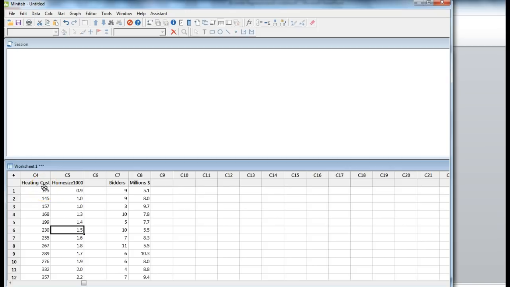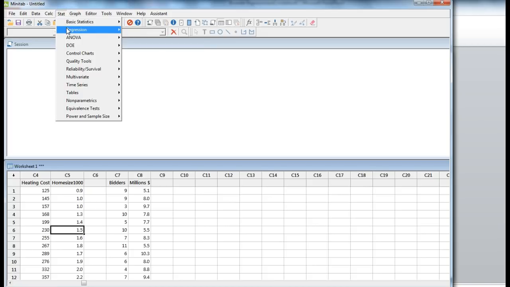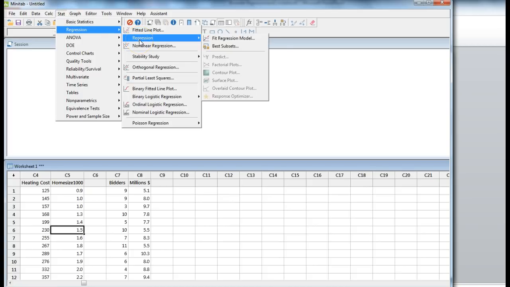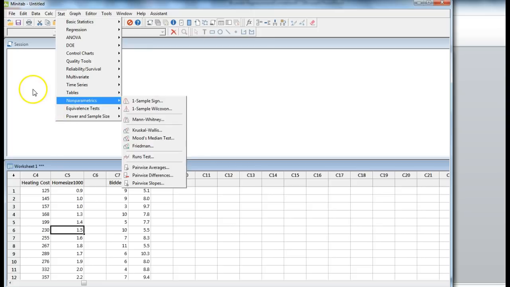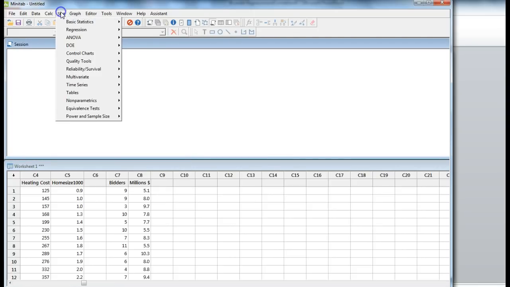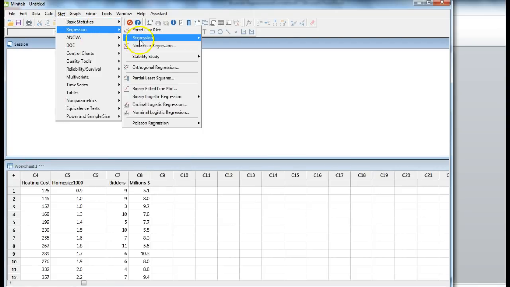So let's run a regression. To run a regression, we are going to go Stat, Regression, Regression, and then here to Fit Regression Model. One more time: Stat, Regression, Regression, Fit Regression Model.